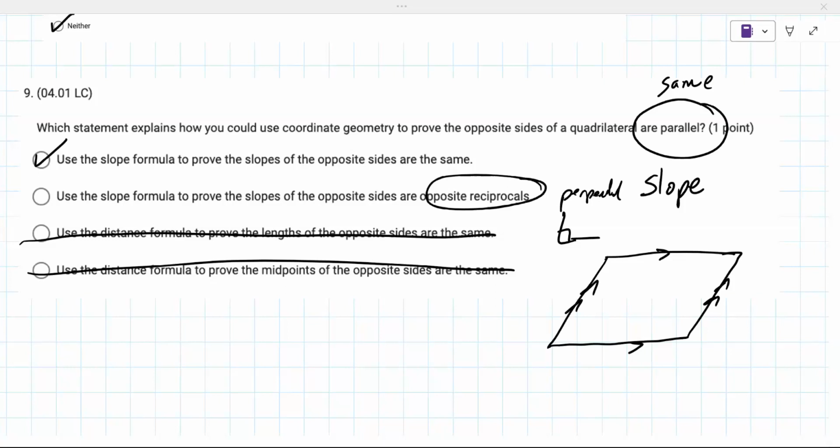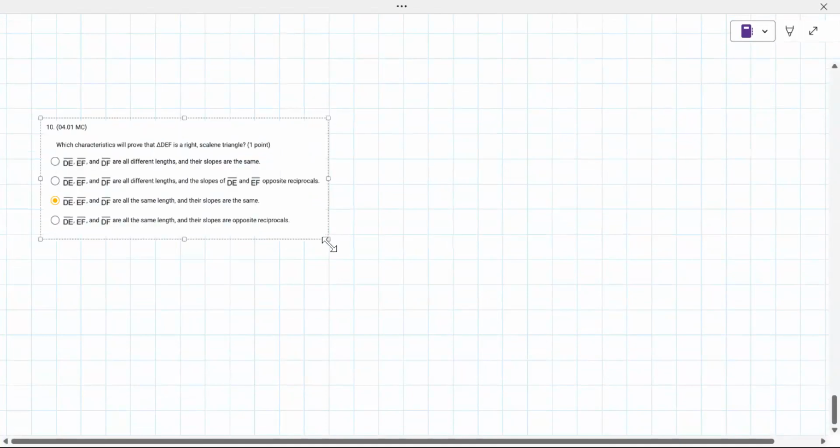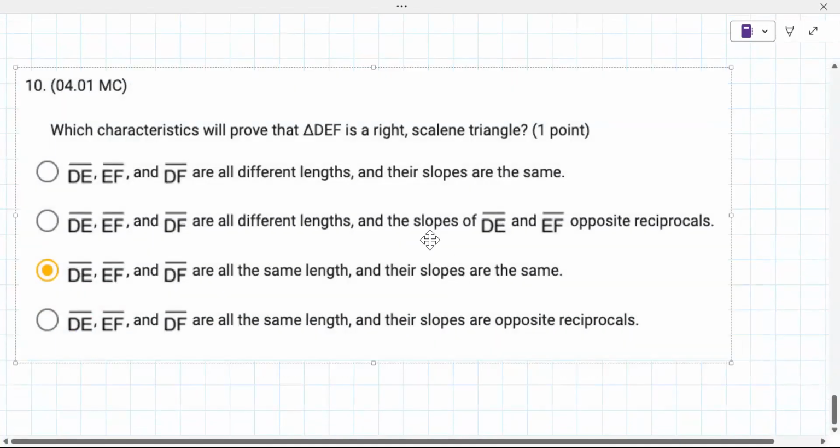All right, so number 10, going to the chat. This is the last one for this lesson. Looks like you already tried to answer this one. Which characteristic will prove triangle DEF is a right scalene triangle?